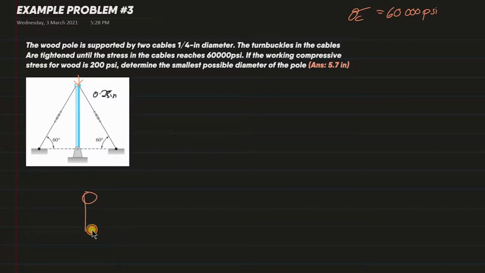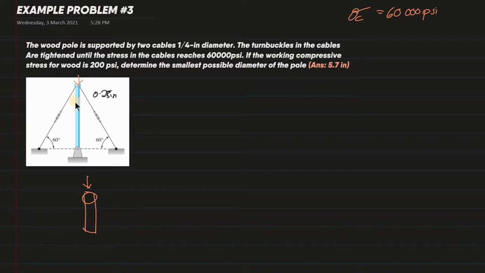Ang working compressive stress is the stress that it can withstand. Kapag sumobra na yung stress dito sa 200 PSI, then it will fail. Masisira yung wood natin. So, that's the point. Kailangan nating i-compute yung tamang diameter para itong wood natin ay hindi mag-fail. Gets?